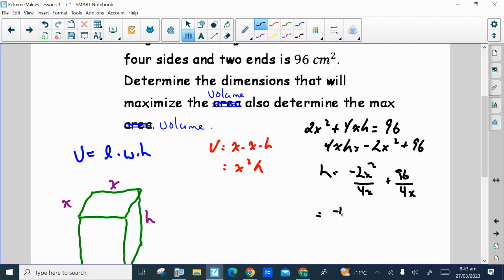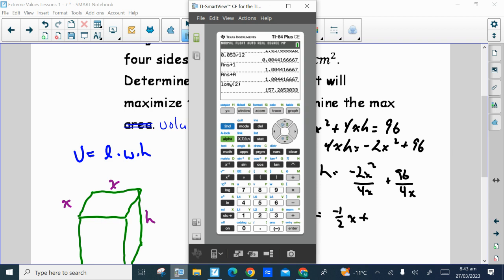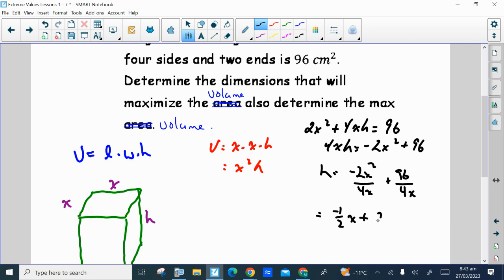So that'll give us negative 1/2 x plus 96 divided by 4 is 24 over x, or 24x to the negative 1. So that's what h is in terms of x.